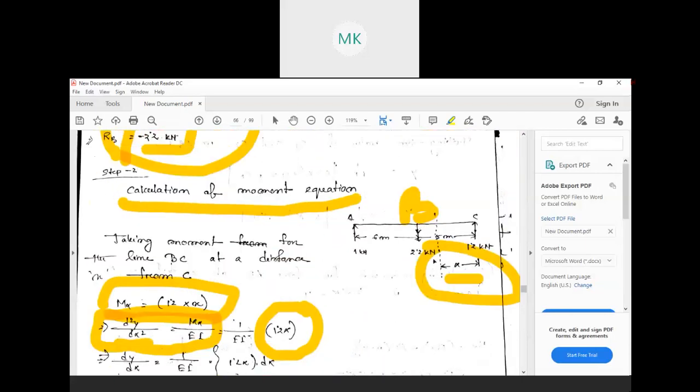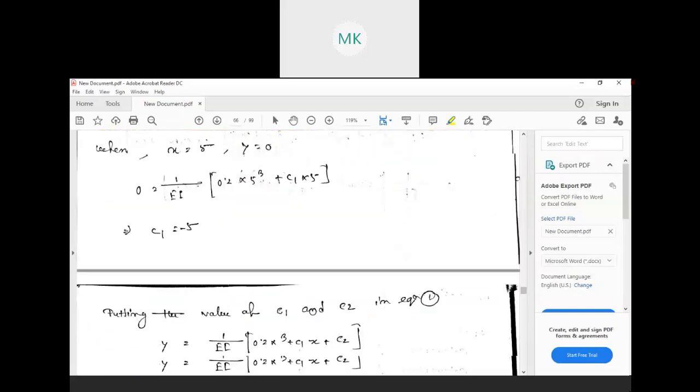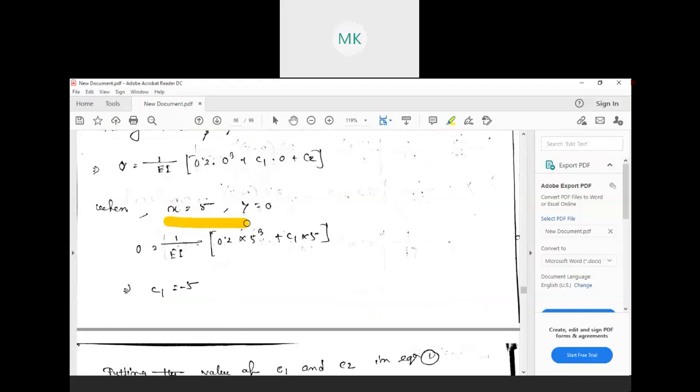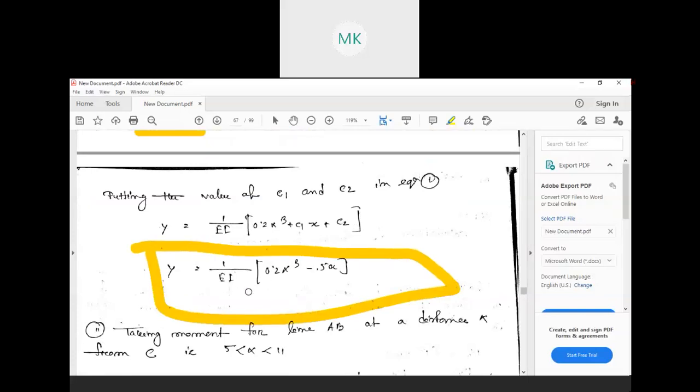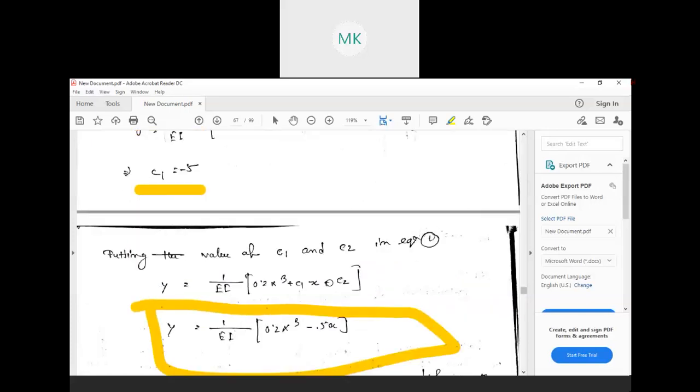At B, the distance x from C to B is 5 meters. Similarly, when x is 5, y is 0, and you will get c1. Just put the values of c1 and c2 in the equation. Finally we will get an equation something like this: y equals 1 by EI into 0.2x cube minus 5x.